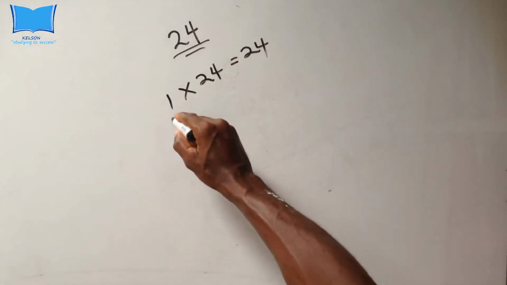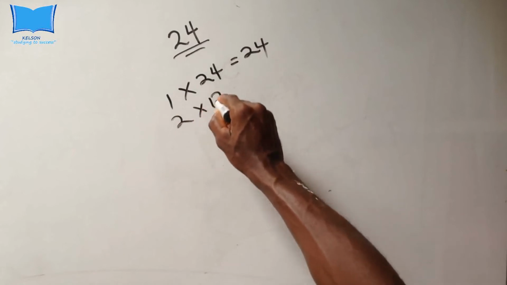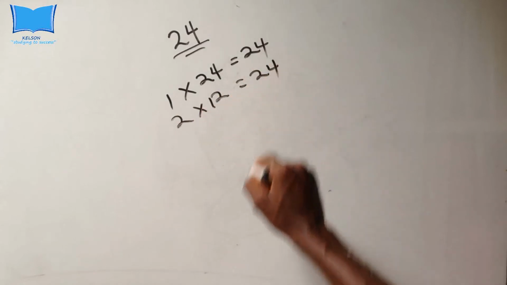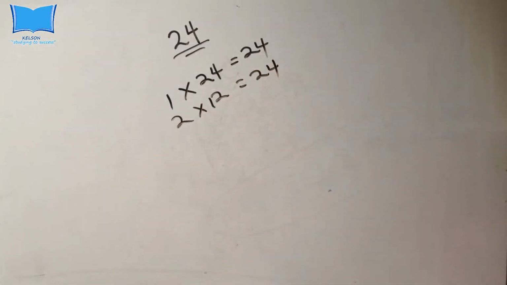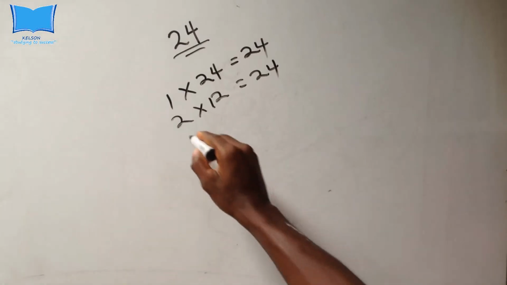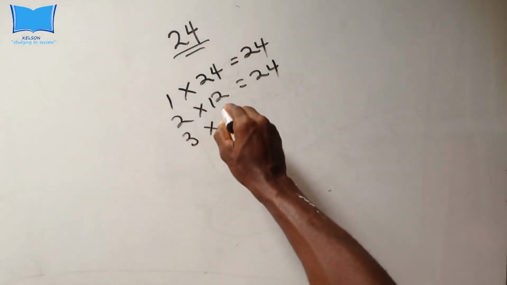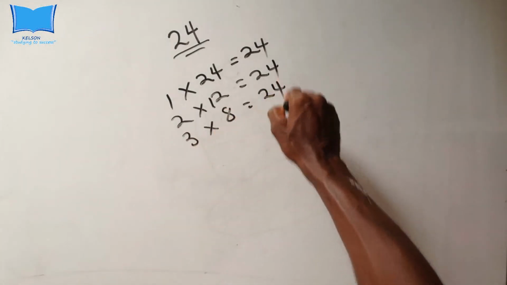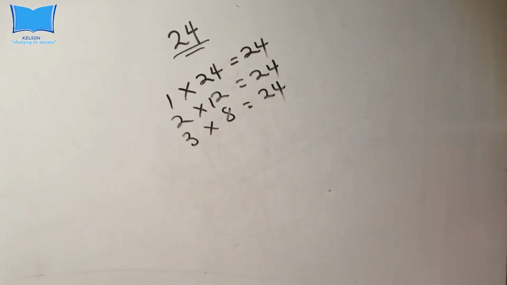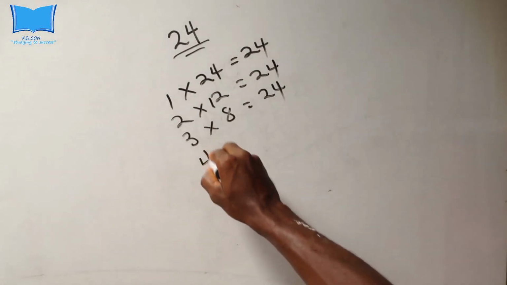So 2 times 12 equals 24. Now 3. I think 3 times 7 is 21. So 3 times 8 is 24. No, that looked easy. What about 4? Yeah, I think 4 also works here. 4 times 5 is 20, so 4 times 6 is 24.